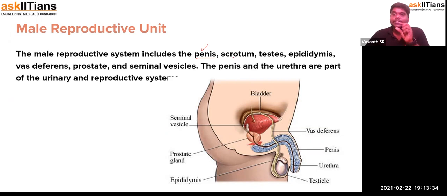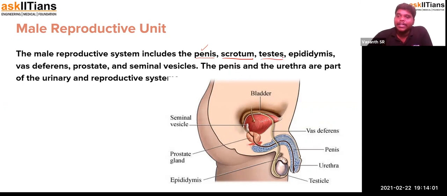Because the testis requires a temperature 1 to 3 degrees centigrade lower than body temperature to perform gamete synthesis. So that process requires them to be kept away from the body so that they can be kept cool. That's why it is the scrotal pouch that keeps them alive, outside. Okay, keeps them alive outside, literally.